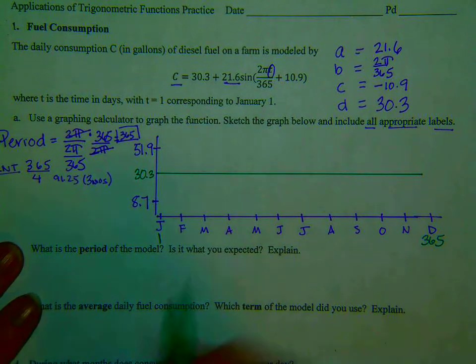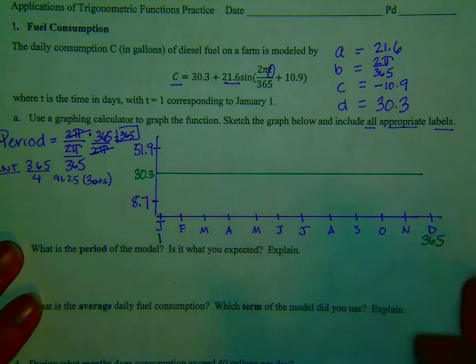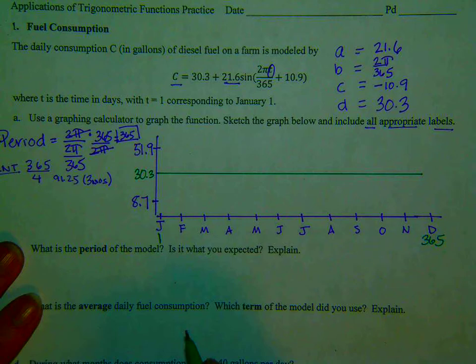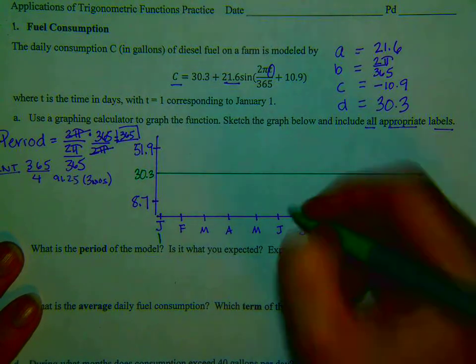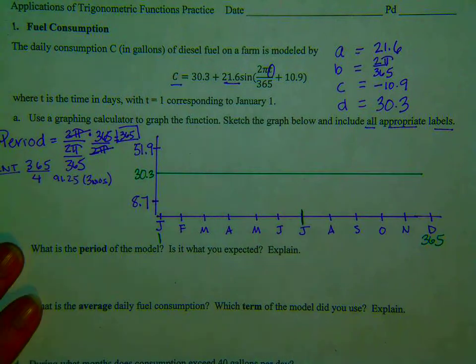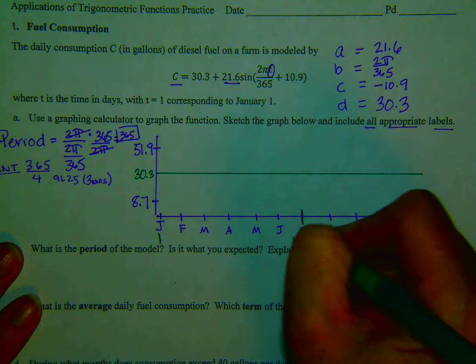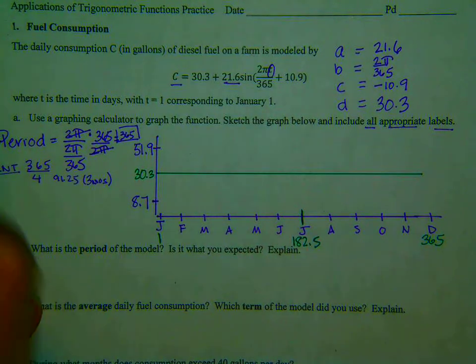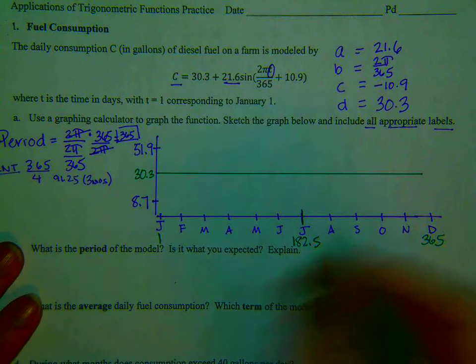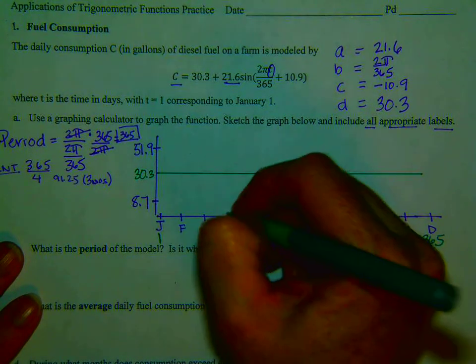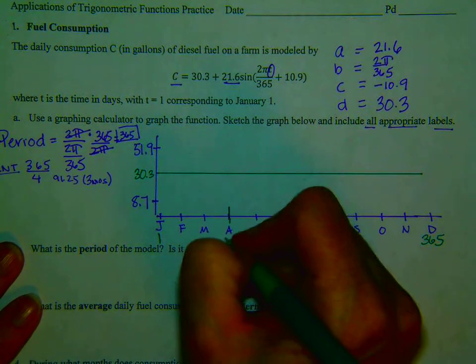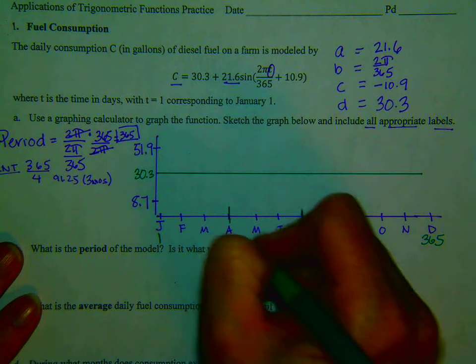To divide this up into my 4 equal periods, the middle period would be 365 divided by 2, which is 182.5. Dividing that in 2 would be 91.25.